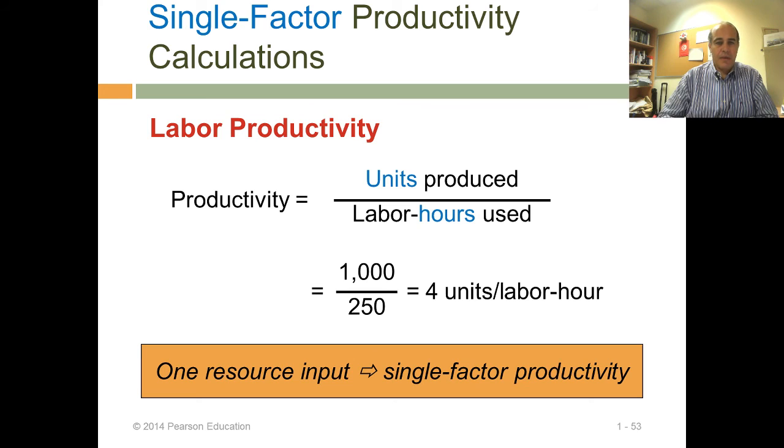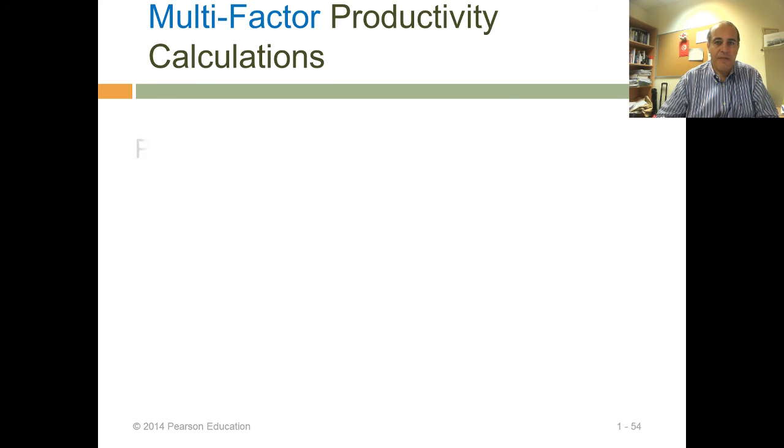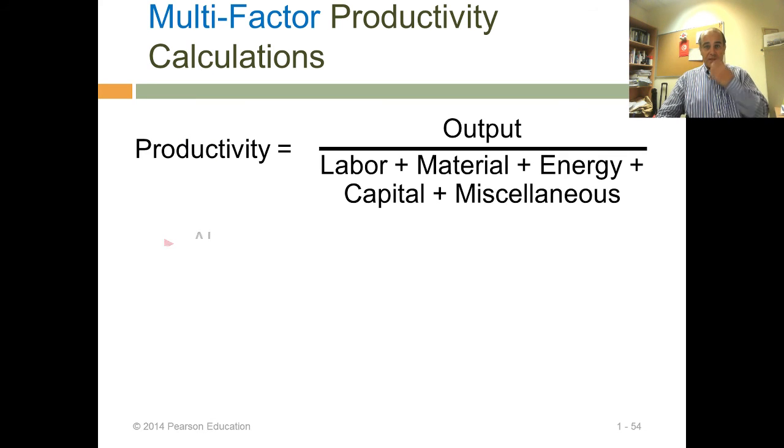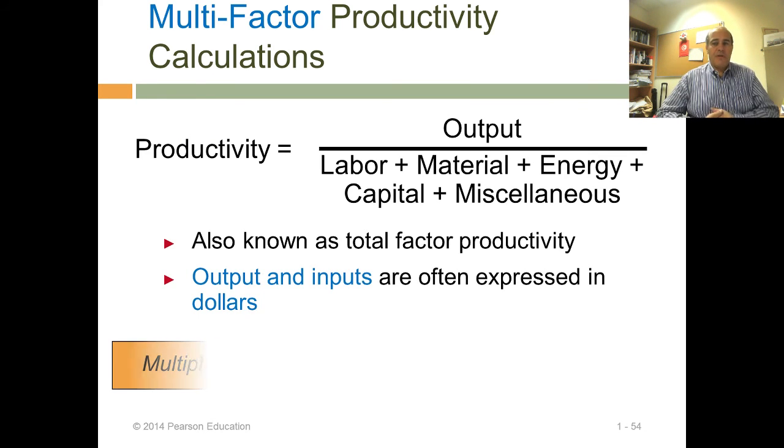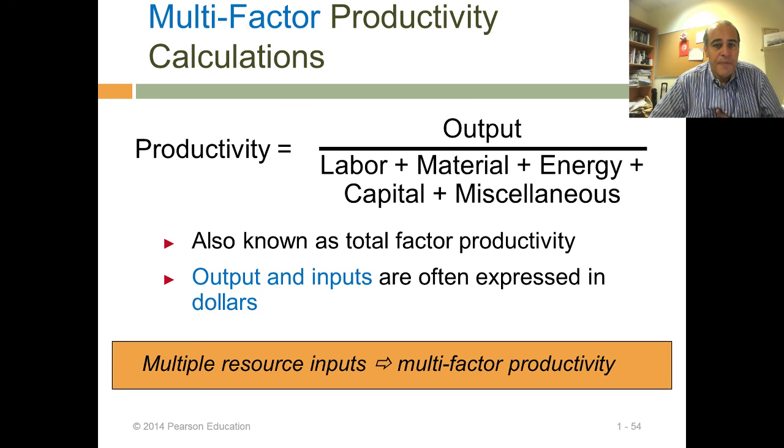Now, this is single factor, but it's never the case that we spend one single factor. We typically will have multi-factor, many factors coming in as inputs for an output, and productivity will be the output divided by all those inputs: labor, material, energy, capital, miscellaneous, and other things that could enter as an input into productivity.